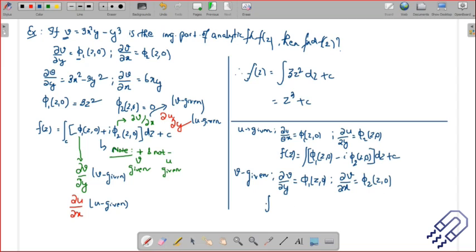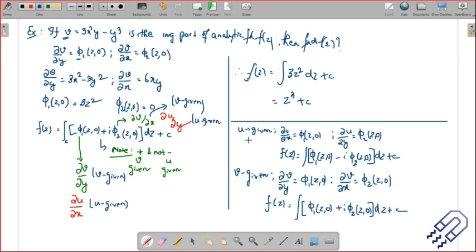So that means the function f(z) is equal to the integration of phi 1 of z, 0, and it's a plus now, not a minus, so it's plus i times phi 2 of z, 0, dz plus c.